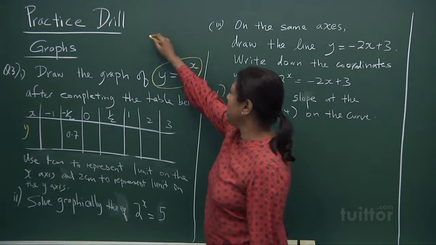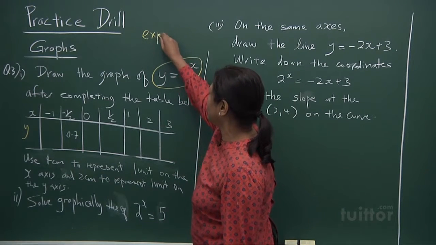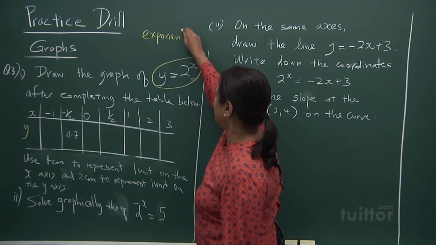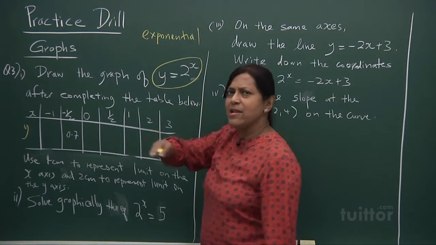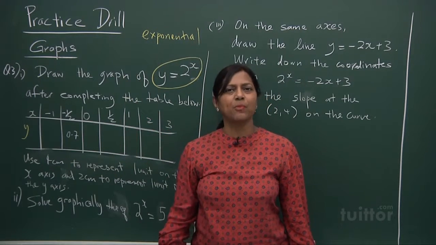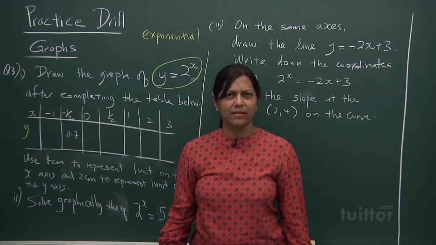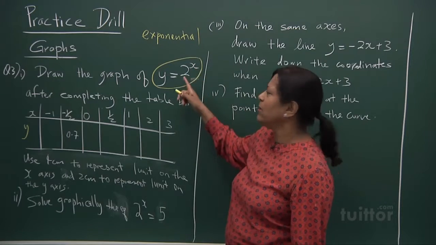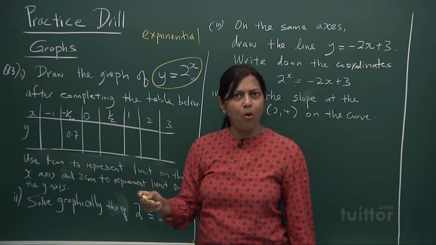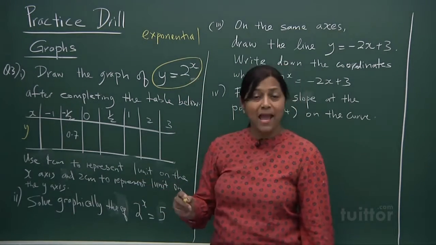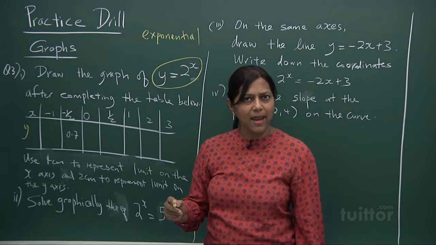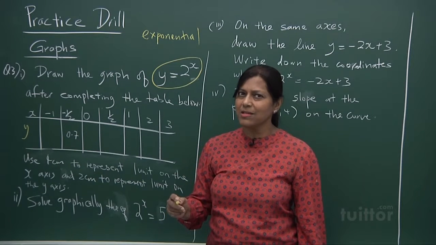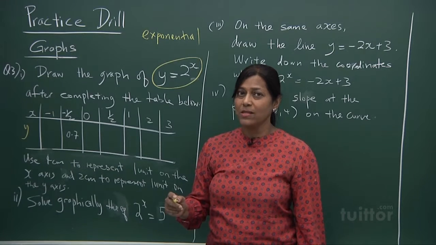What do we mean by the word exponential? Exponential means increasing at an exponential rate, a remarkable rate. You can see that when x, the power there, is 2, 2 to the power 2 is 4. But when x becomes 10, 2 to the power 10 becomes 1024.